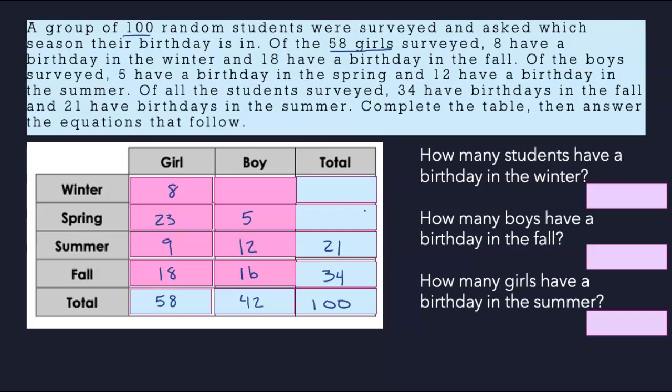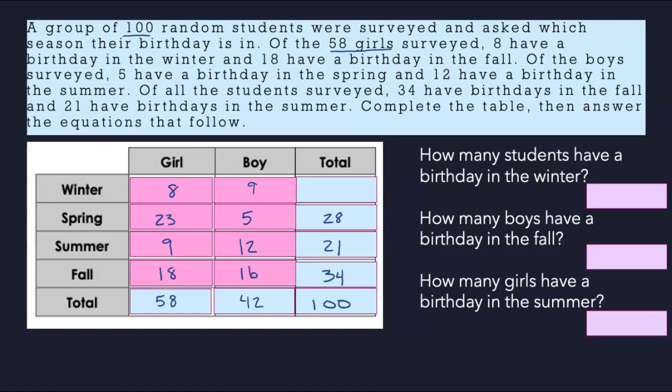Well, now I could find the total of spring. There's 23 girls and 5 boys. That would be 28. Okay. Now, let's look here. Boys, I'm missing winter, but I know the total is 42. So I can take the total of 42 and subtract out the 16 for fall, the 12 for summer, and the 5 for spring. And I know that there are 9 boys who would have a birthday in the winter.